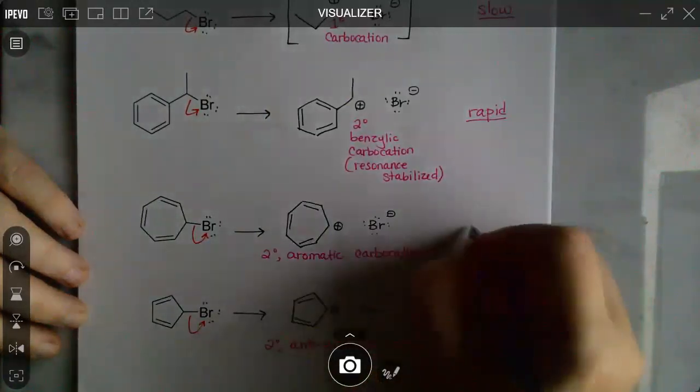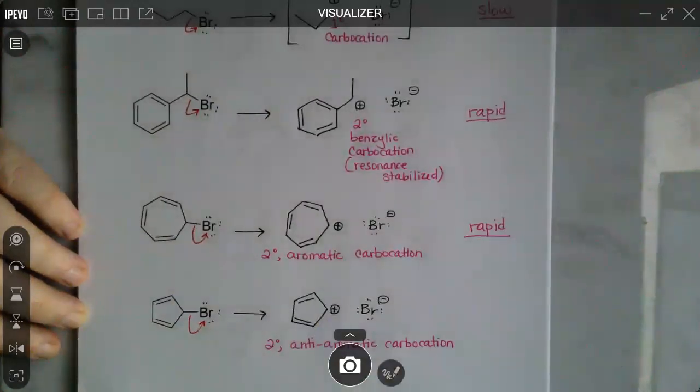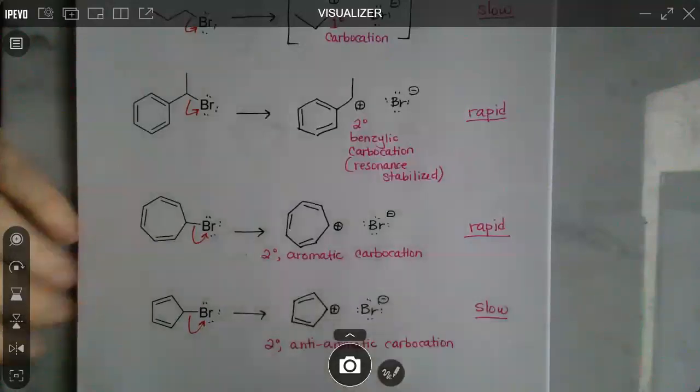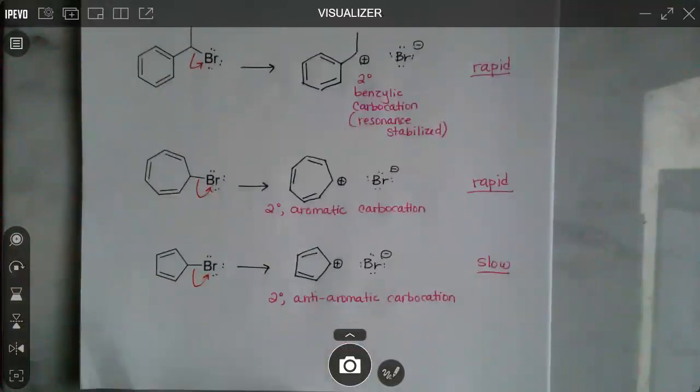So we expect the formation of the aromatic cation to be rapid, and the anti-aromatic cation to be much slower.